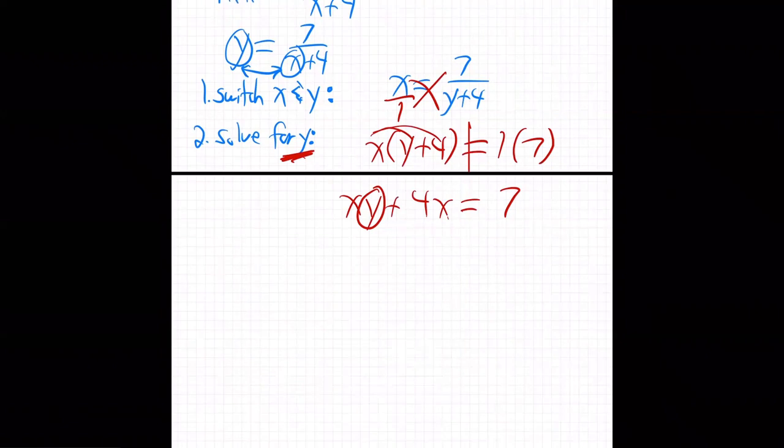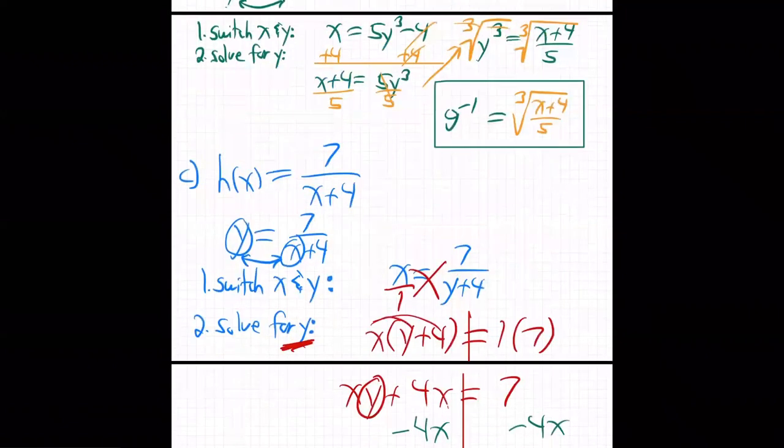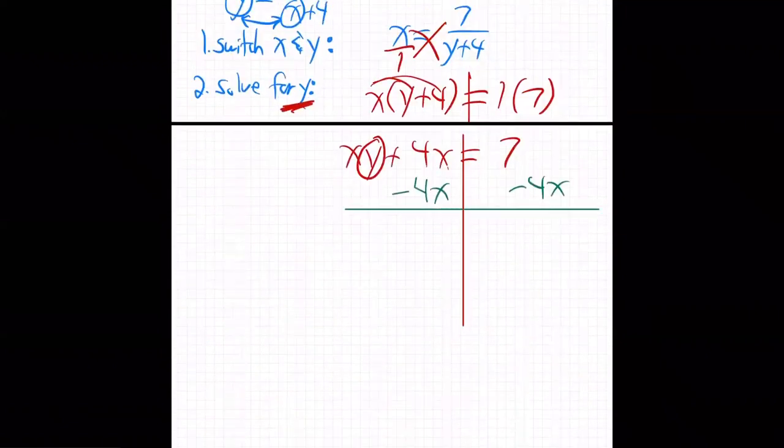So we got to get rid of stuff, right? So subtract 4x from both sides. And boom and a boom. Bring this down. 7 minus 4x. It's kind of a lot of work here, huh?